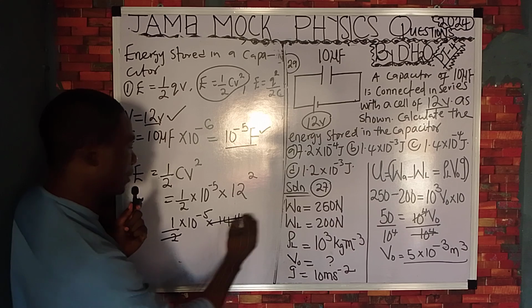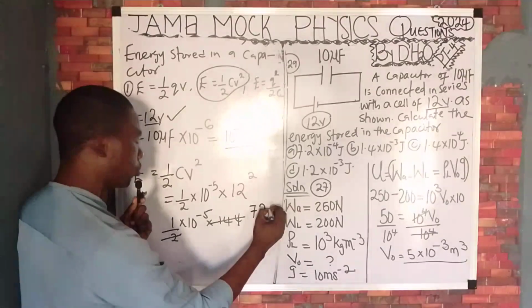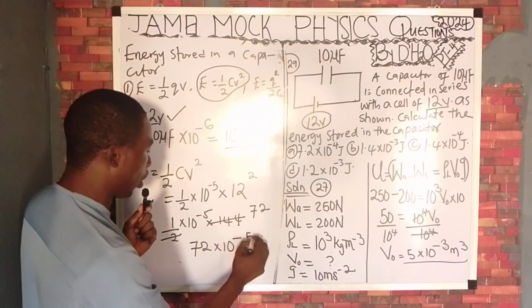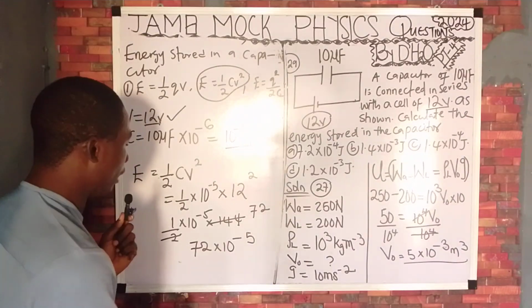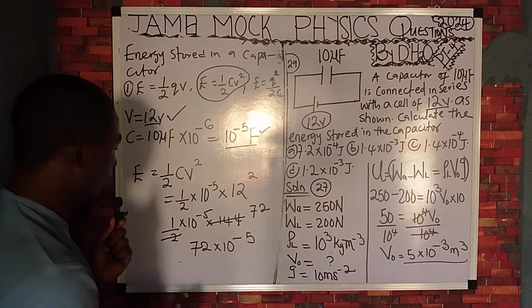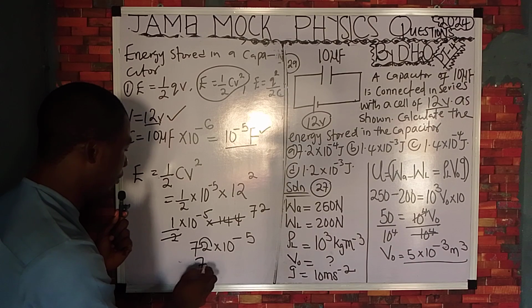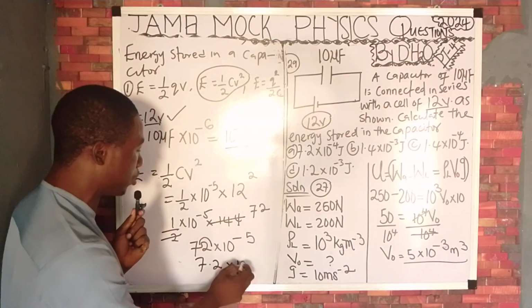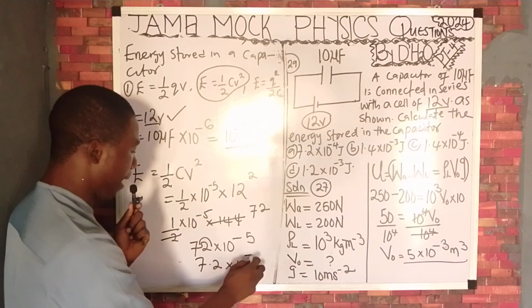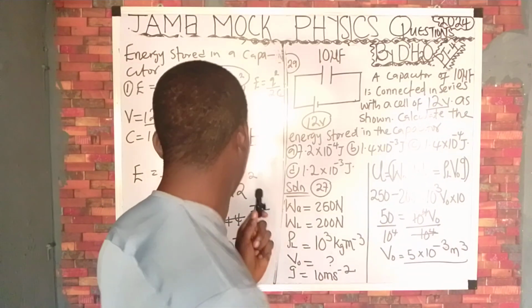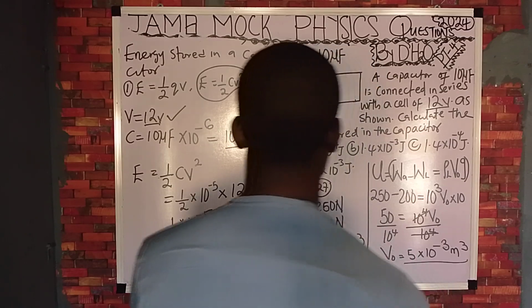And I guess this gives you 72. So we have 72 times 10 raised to the power of minus 5. Wow. And if you convert your value, the point is here. So you shift your point this way so that you have 7.2 times 10 raised to the power of minus 4 joules.